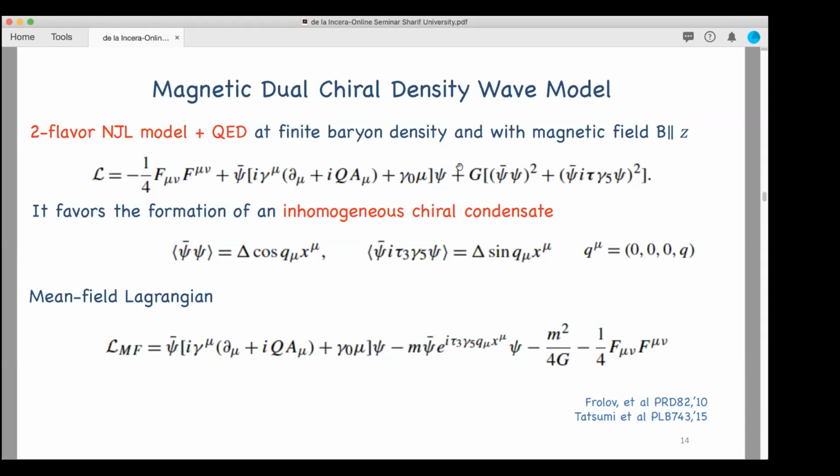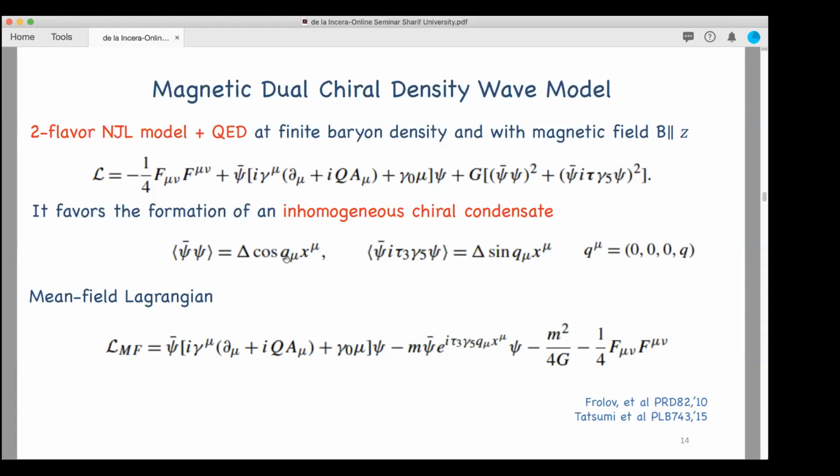And then we use an ansatz for the ground state. We say that the pairing between quarks would be a chiral pairing, described by a complex condensate, because we have pairing of psi bar psi, but also pairing of psi bar gamma5 psi.